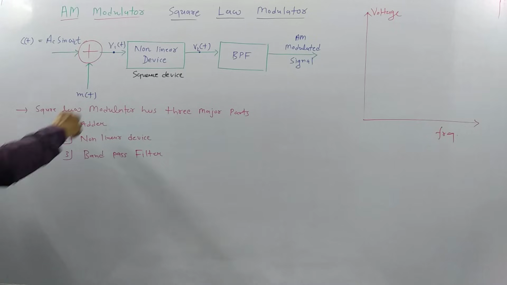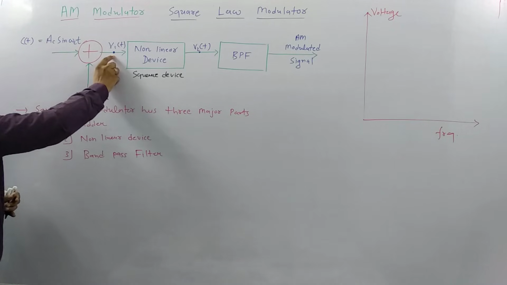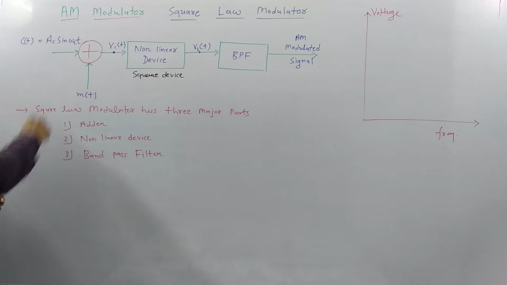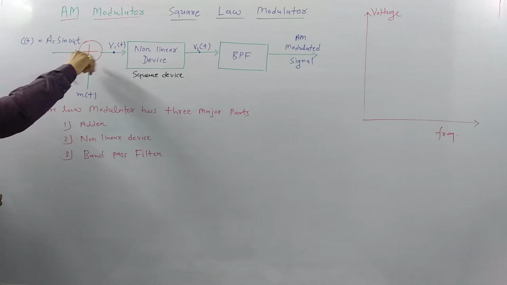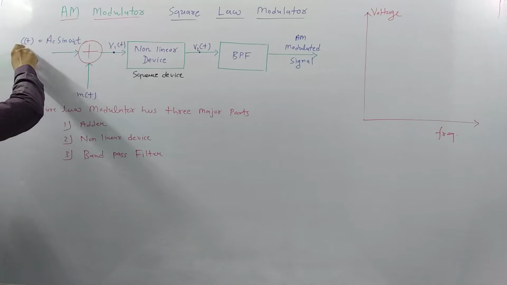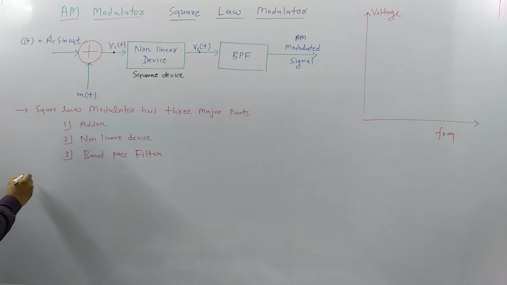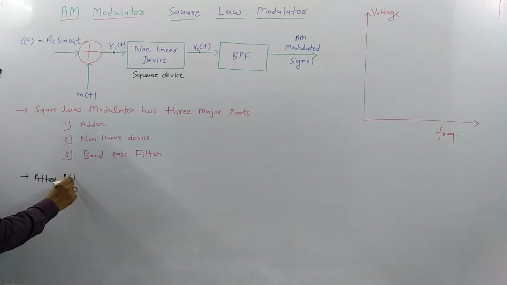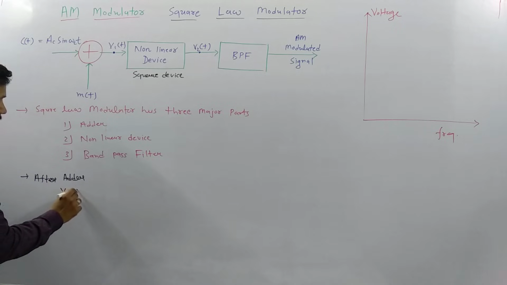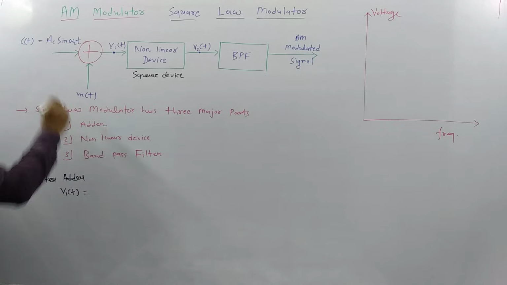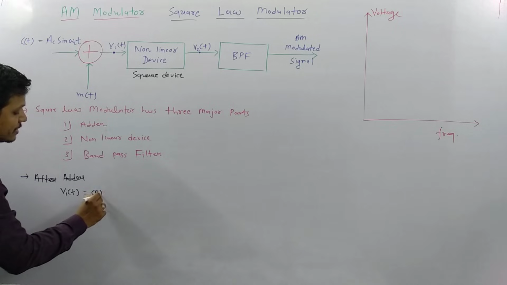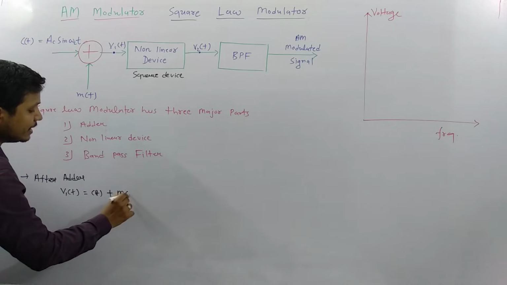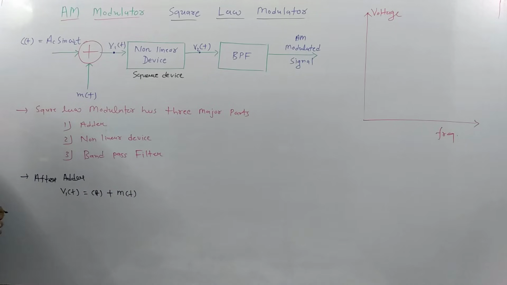If I say my output voltage is V1, then after the signal passes through the adder, it will be V1, which is the addition of these two signals. So after the adder, the signal will be V1(t), that is c(t), the carrier signal, plus m(t), the modulating signal.